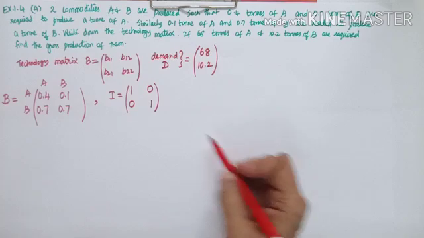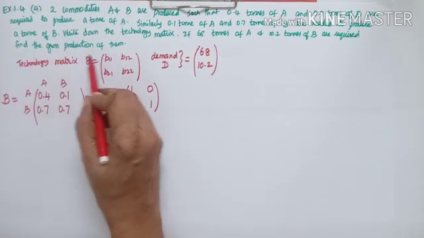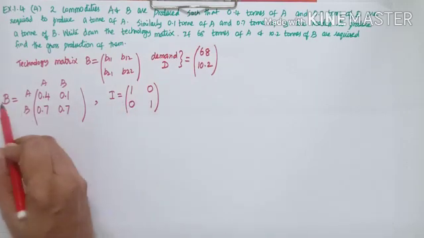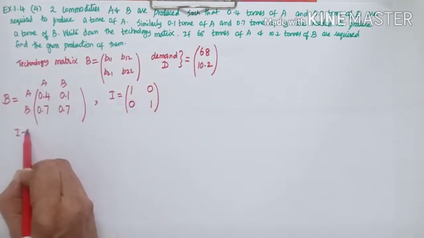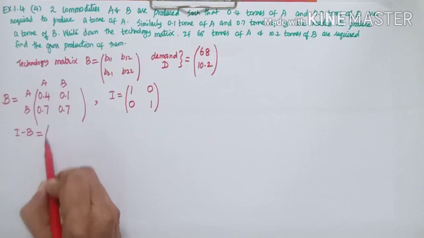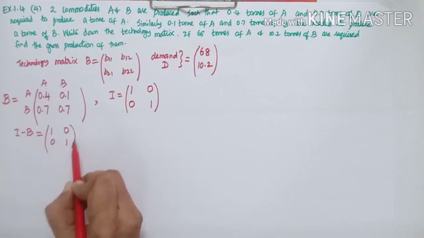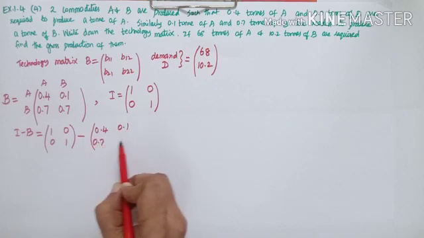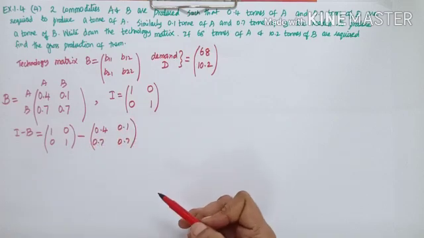The question is to find the gross production of both of them. So as I know I and B, my next step is to find I minus B. 1 0 0 1 minus 0.4, 0.1, 0.7, 0.7.